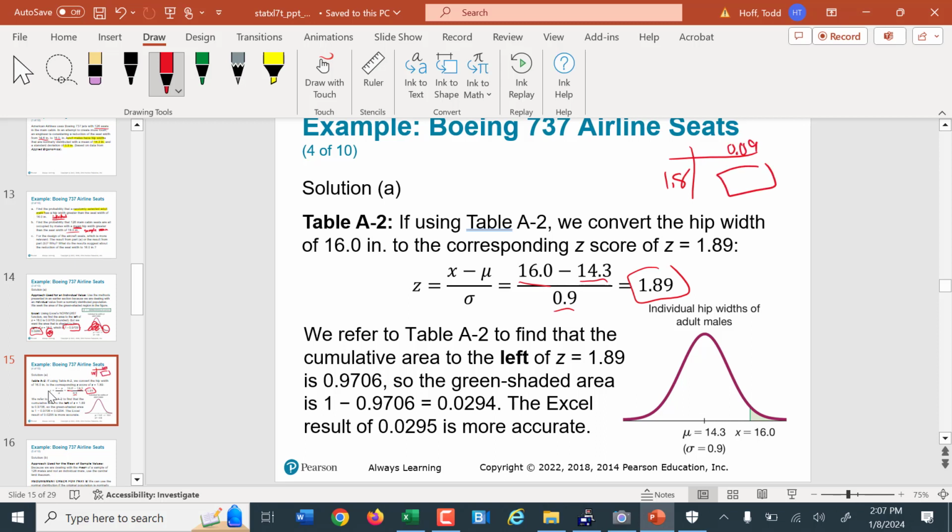That's going to give you a probability of 0.9706. Slightly different, we had 0.9705 because that z-score is rounded to 2 decimal places. Subtracting gives us the 0.0294, which is really close to our 0.0295 from Excel. So it's still only about 3%.